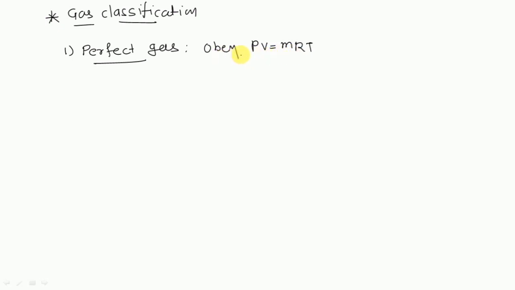So the gases which obey the PV is equal to mRT equation, and the specific heats at constant pressure and at constant volume, Cp and Cv, are constant. They do not change with respect to temperature, pressure or any other properties. When PV is equal to mRT holds and Cp and Cv values are constant, then this gas is considered a perfect gas.